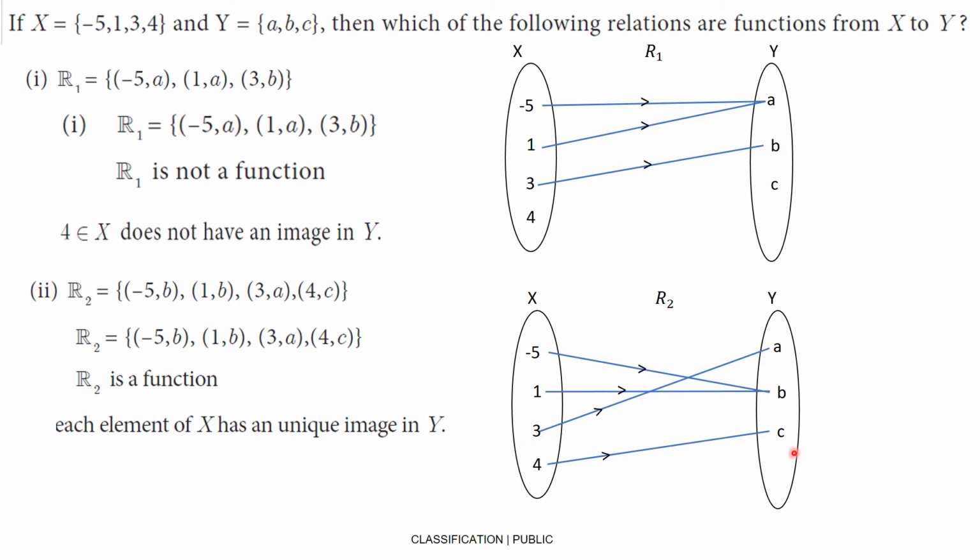So x belongs to X, there is only one y belongs to Y. All elements in X have only one image in Y. Therefore, R2 is a function. That means each element of X has a unique image in Y, has only one image in Y.